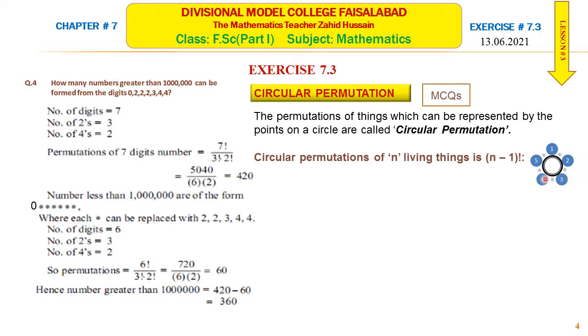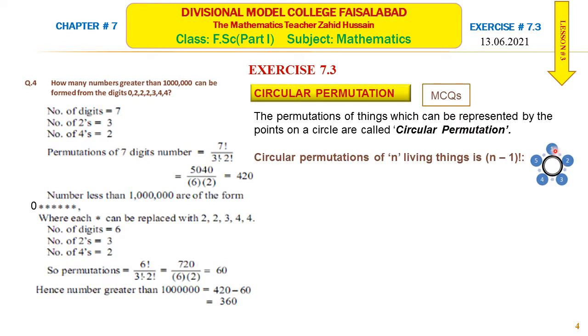That's why we calculate the permutation of n living things by subtracting 1, because we always fill one seat and the remaining seats have to be occupied by the remaining objects. So if there are 5 persons, we have to arrange 4 persons, because one is already fixed.